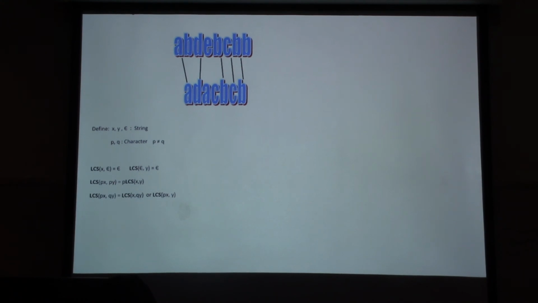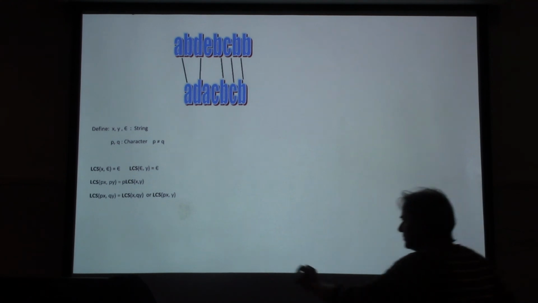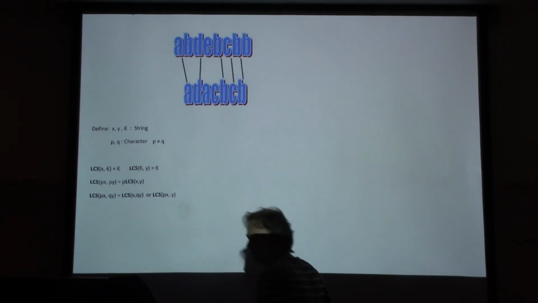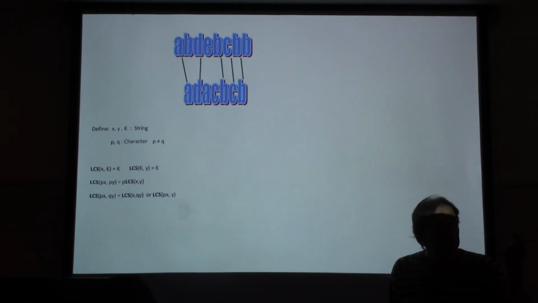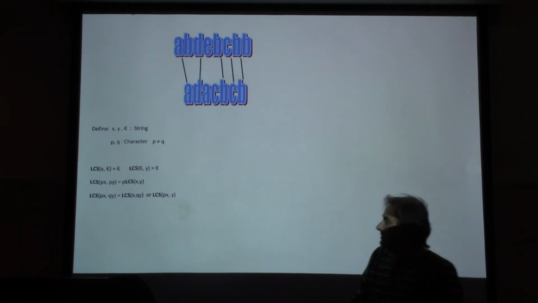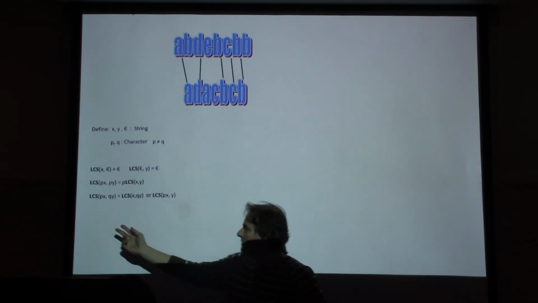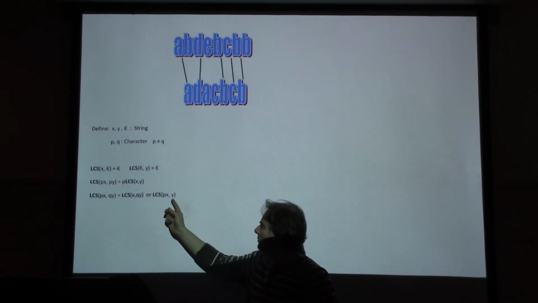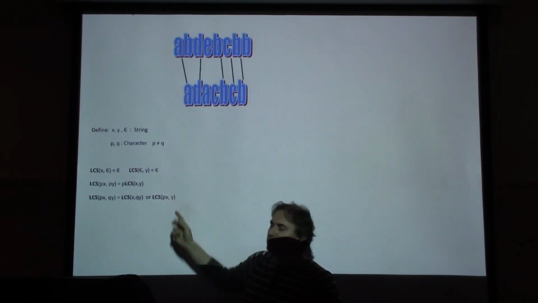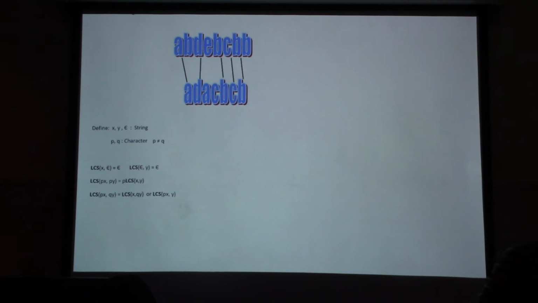Which means when you compare the first character of this string to the first character of this string, they will be different. The first characters don't match, but it doesn't mean that this P is not going to match to the Q. If I remove, for example, the Q, it's possible that P will match the first character of the other string.